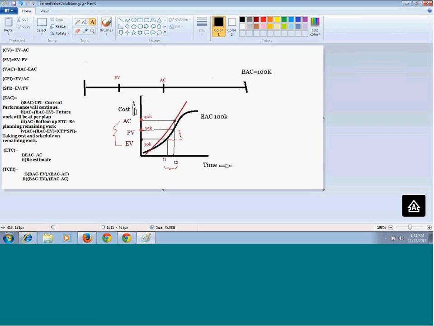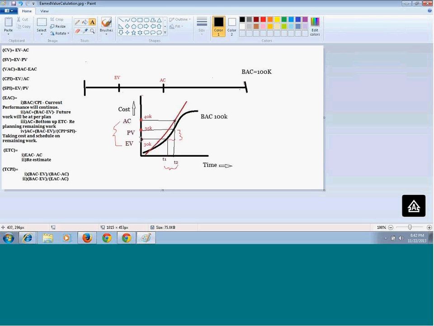Your project budget will be spent very little in the beginning of the project. As time goes on, you will spend more and more of your project budget. Let's say this x-axis is time and this y-axis is cost. You are plotting this graph of cost over time, and then let's consider this particular point.